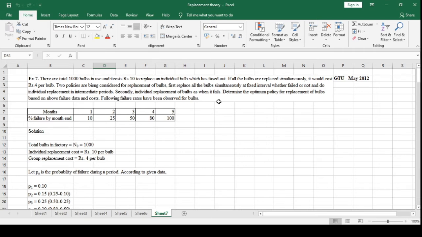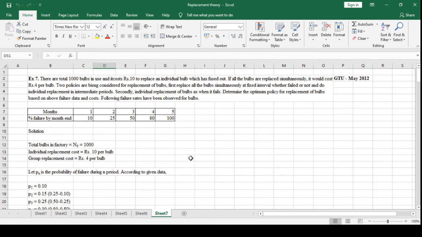But if we replace all the bulbs simultaneously after a certain period of time, then it would cost just rupees 4. So now we have to choose between those two policies, which is the better one with low cost. This will be judged according to the failure rates per month.